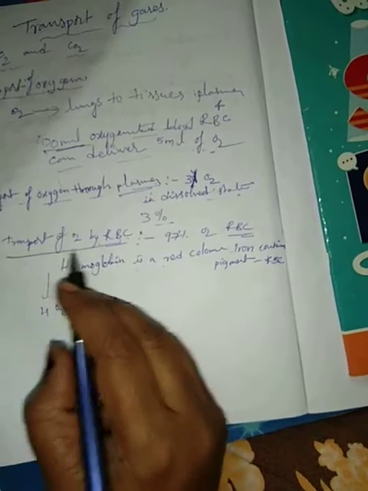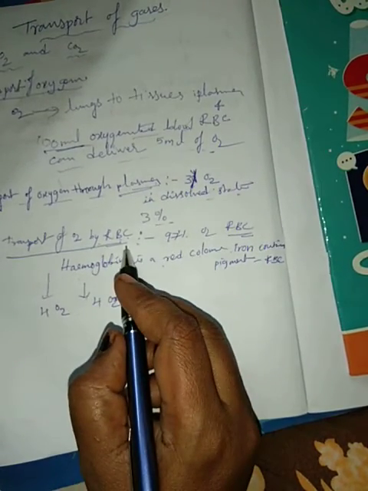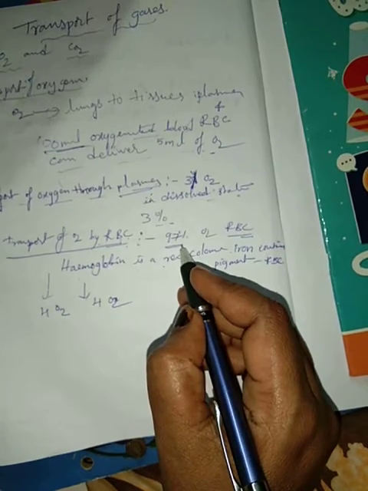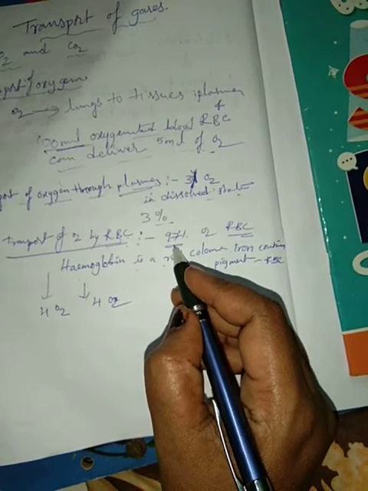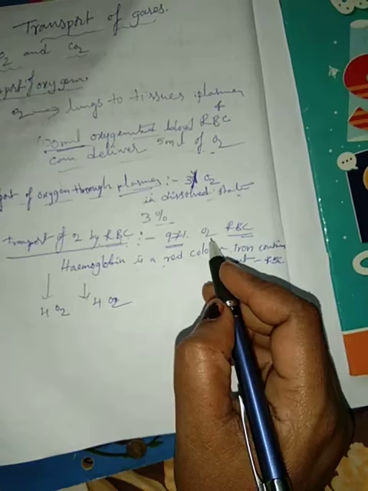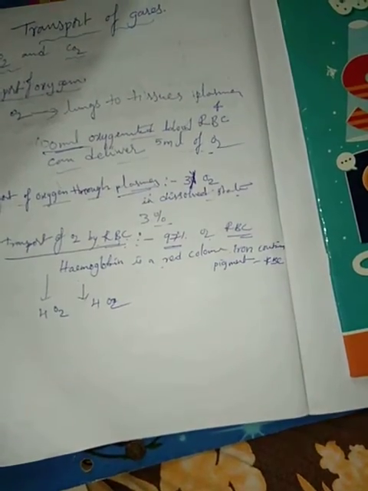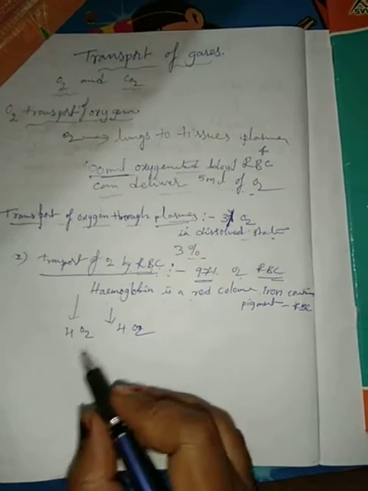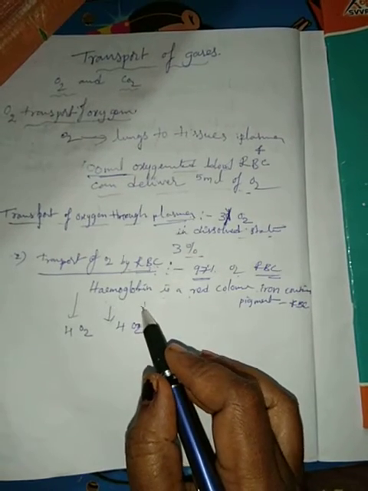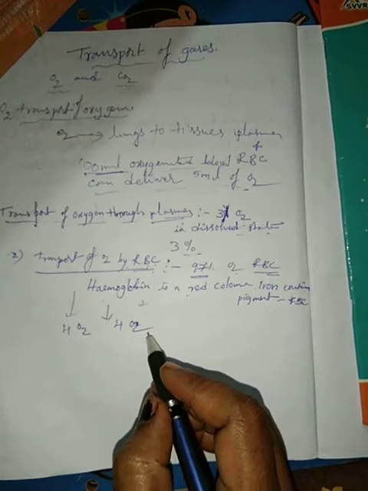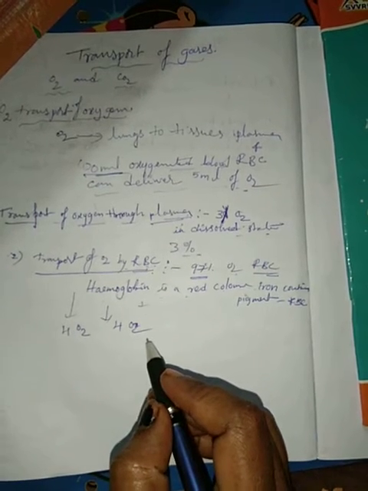Okay, so transport of O2 by the RBC, how much? 97%. 97% of oxygen is carried by hemoglobin molecules. Each hemoglobin molecule contains 4 oxygen molecules.